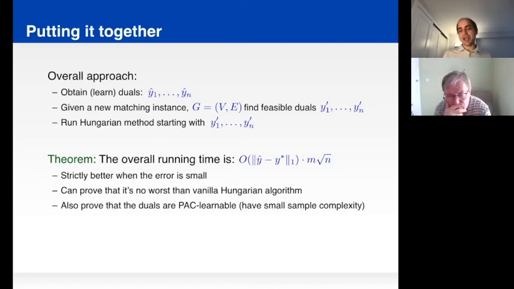And so again, you're just saying, like, well, if you have something to use, you can use it in this way. Right? And we also proved that the duals themselves are PAC learnable. So it's not out of the ordinary to assume that you can actually learn these Y hats. That they exist, they're nice, they have nice structure, you don't need too many samples to learn. So this is the theory.